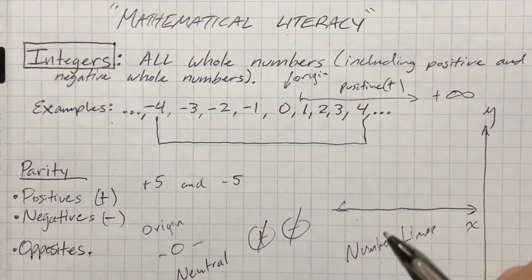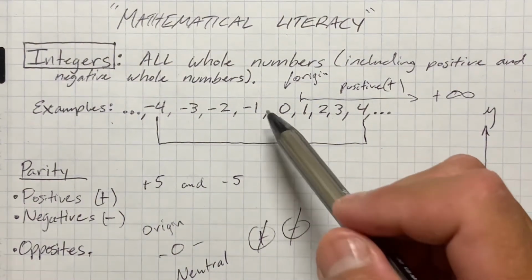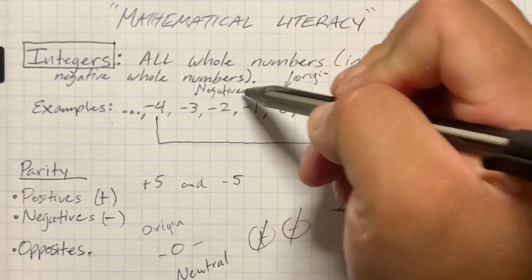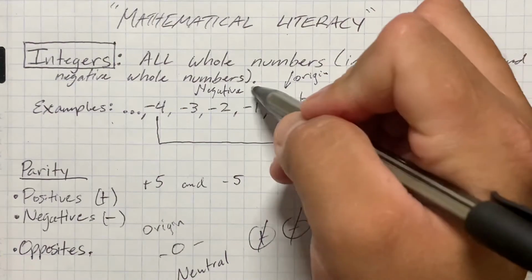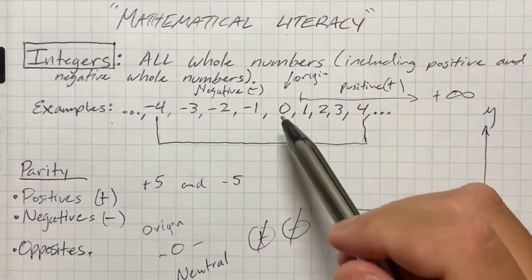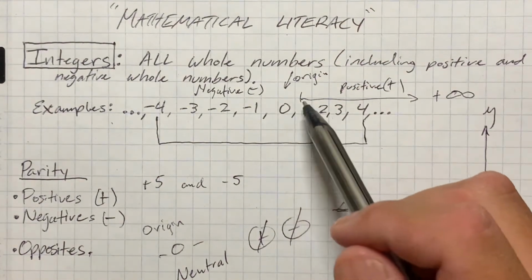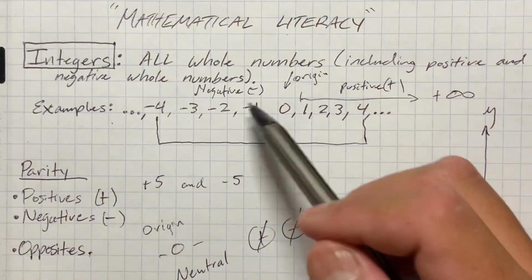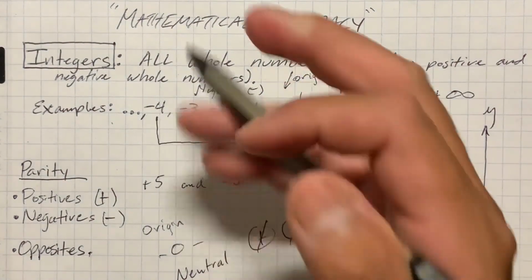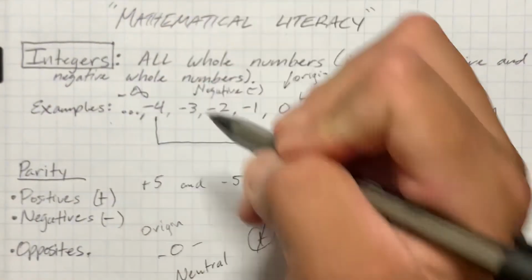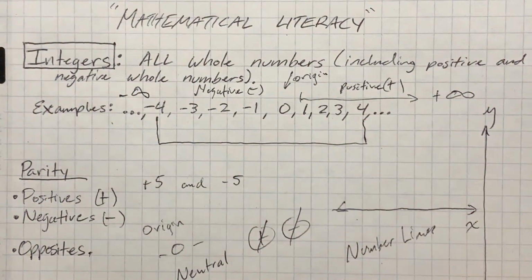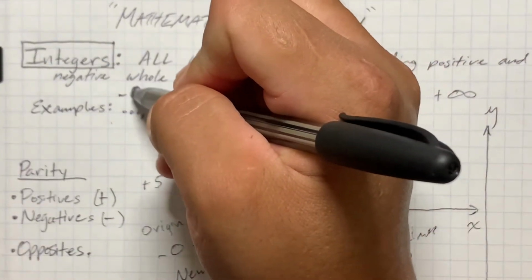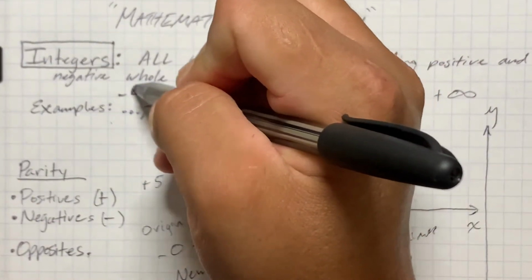Also, you have negative integers. Again, they are on the left side of the origin, a neutral number. You have negative 1, negative 2, negative 3, negative 4, all the way to negative infinity. Alright, so let me draw that better.